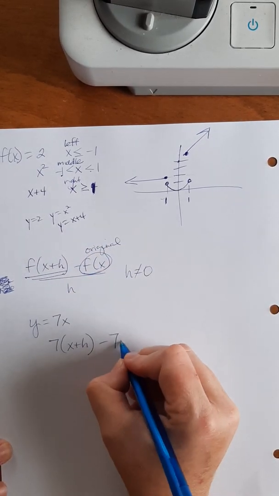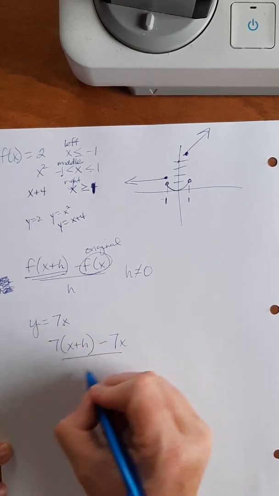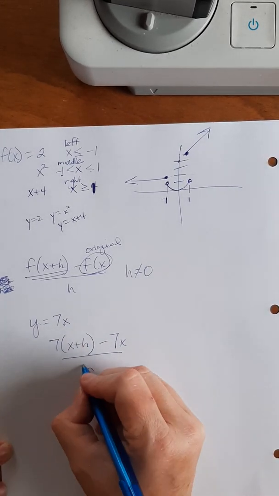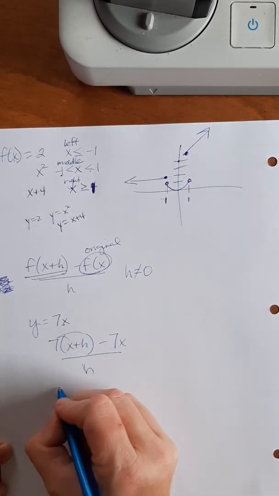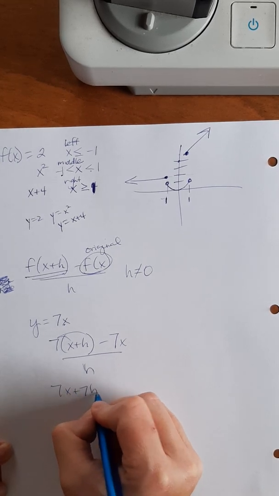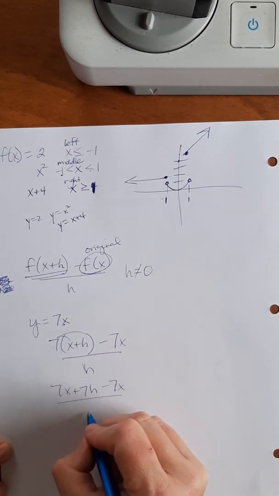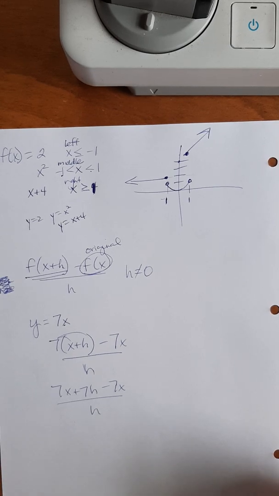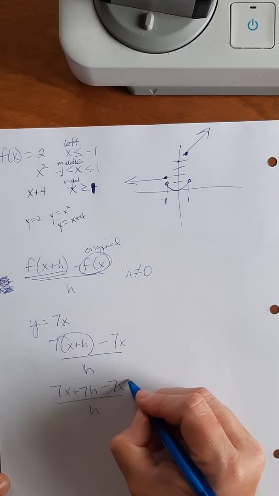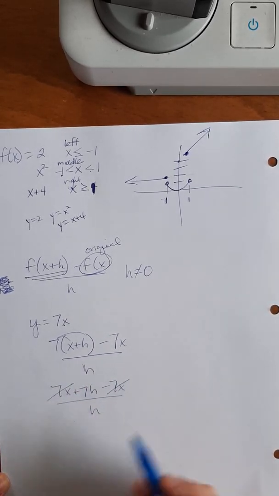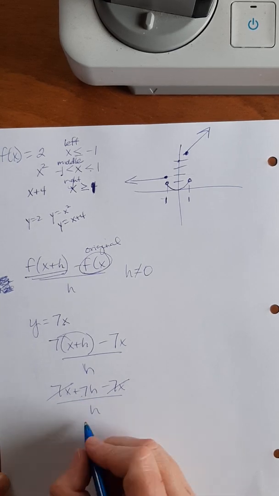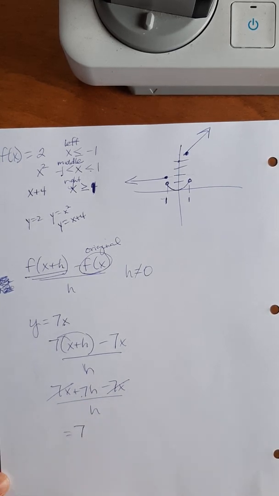So minus 7x all over h. Do a little bit of algebra, distribute: 7x plus 7h minus 7x over h. And fun things happen. The original should always cancel. Then you're left with 7h over h, which is 7. And that's your answer.